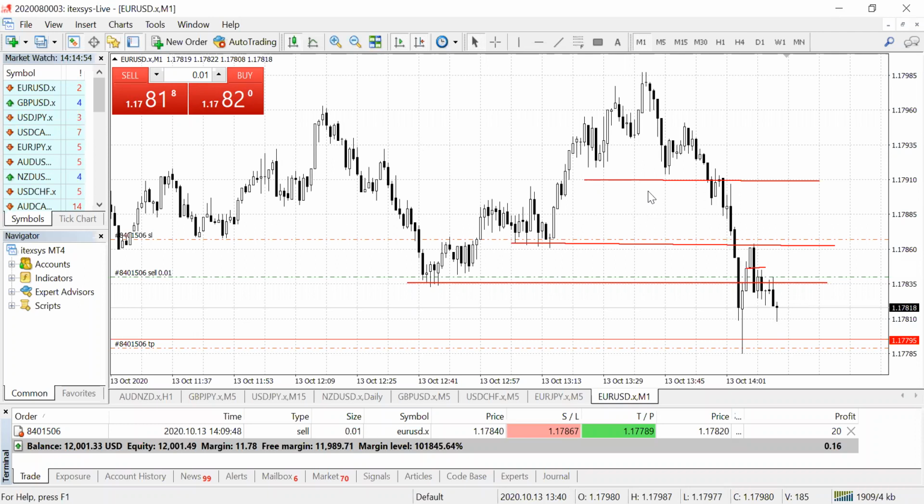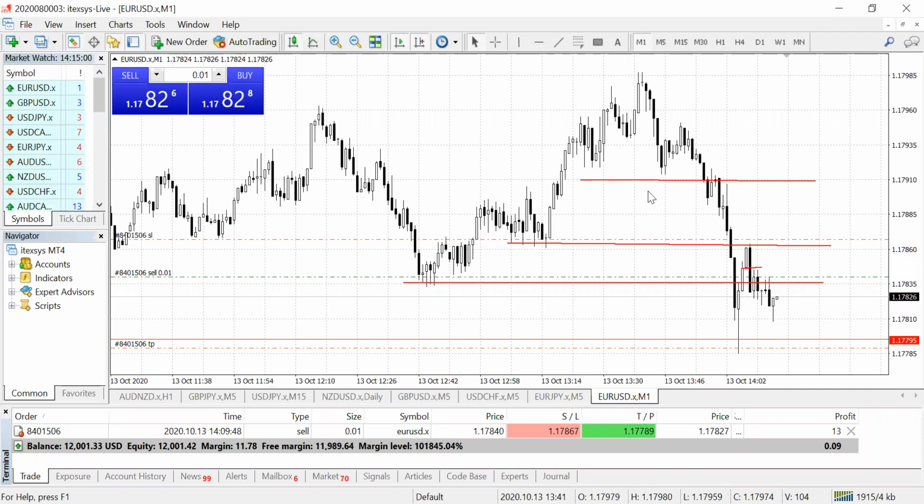I'm just trying to show you how I read the patterns and the price. I also trade mostly in larger time frames than this. So if you're used to larger time frames, just stick to them.